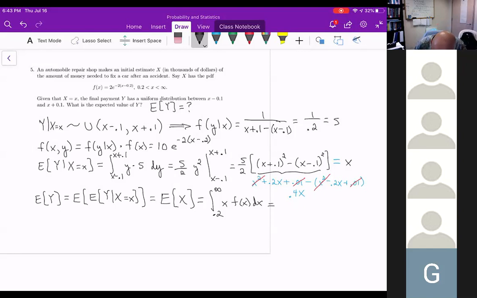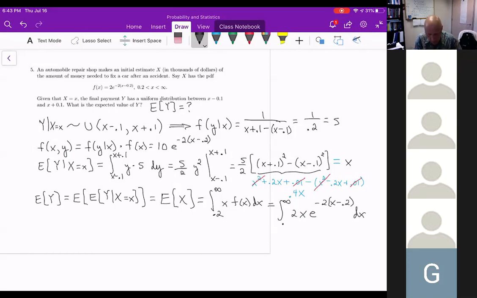So this is the integral from 0.2 to infinity of 2x e to the negative 2 times x minus 0.2 dx. And this is what we want to integrate.